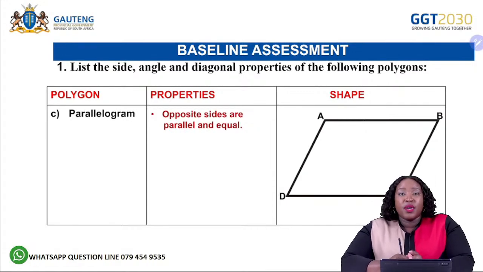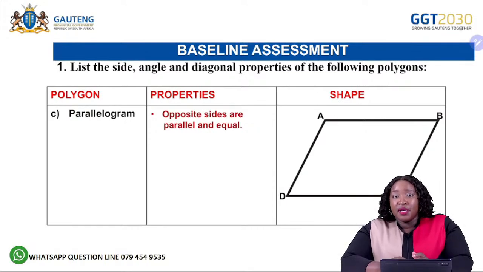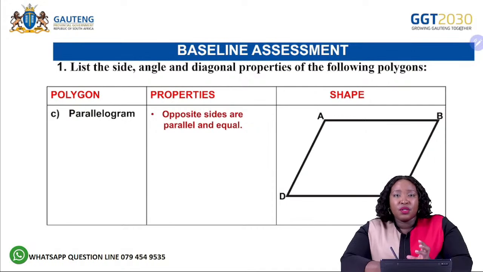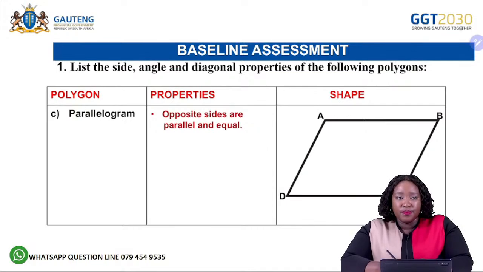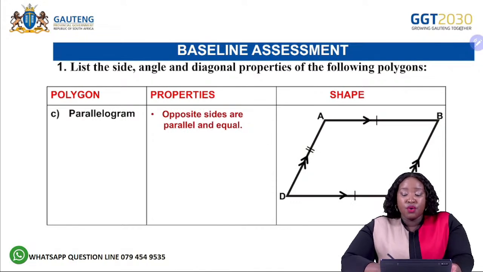Do you still remember we once learned that a square and a rectangle are actually special parallelograms, right? So that's what we are looking at here. That's why their properties always seem like they are similar, right? So AB is parallel to DC and also equal, AB is also equal to DC in that case. Then AD would be parallel and equal to BC.